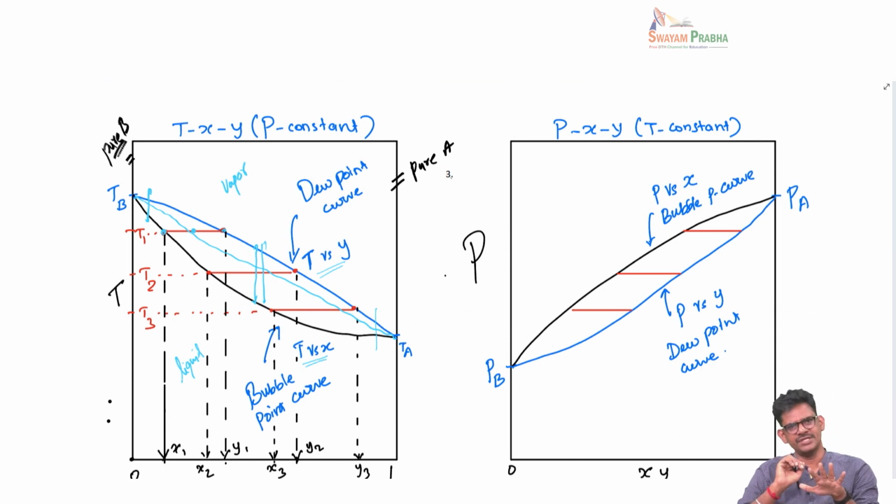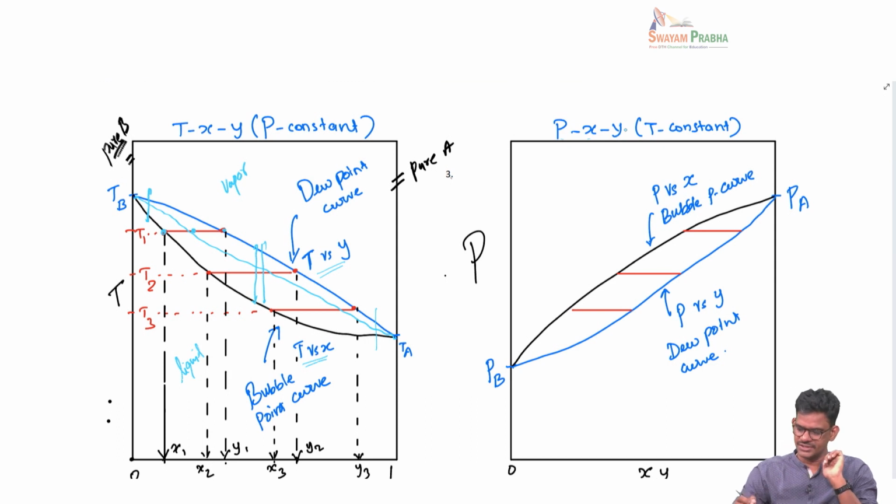Now the same information I can obtain in other forms, where I keep the temperature constant and look at pressure and the two compositions. Here I am just changing the story: I am keeping the temperature constant, but I am able to adjust the pressure so that I can go from single phase to two phase.